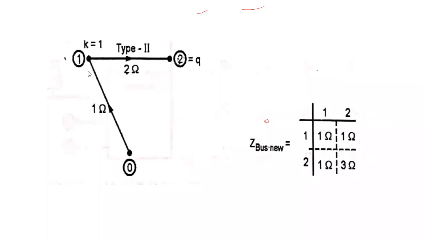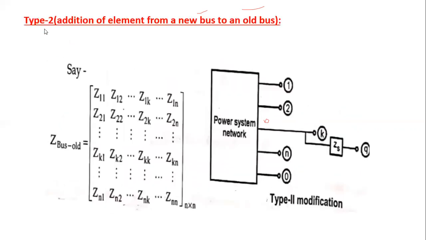This 2 ohm element is added between the old bus and the new bus. When the element is added between the old bus and the new bus, it is called the type 2 modification.